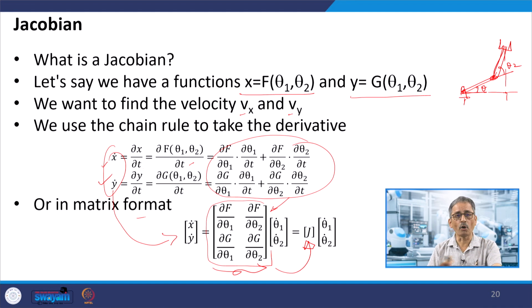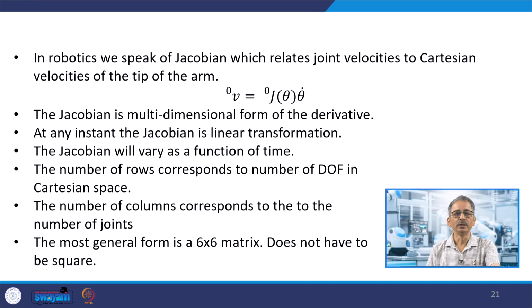So the Jacobian essentially maps the joint velocities, that is, the velocities in the joint space, to the velocities in the Cartesian space. In robotics we speak of the Jacobian, which relates joint velocities to the Cartesian velocities of the tip of the robot arm.